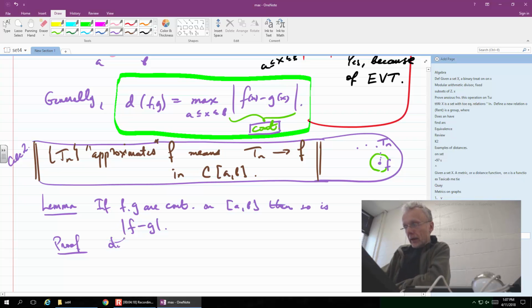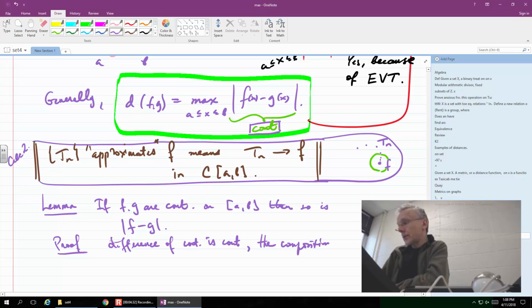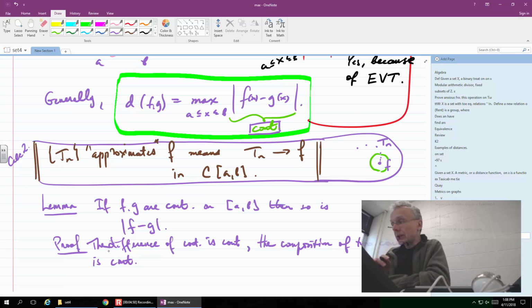The difference of continuous functions is continuous, firstly, and then also the composition of two continuous functions is also continuous. What's the other continuous function? We took the difference, and it is a continuous function, and then we do a composition.